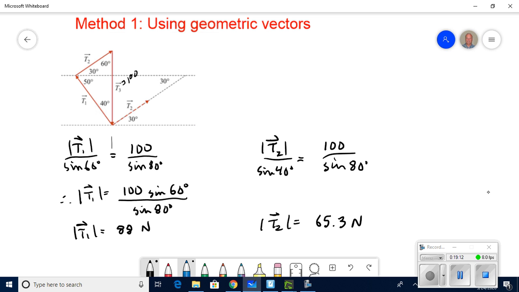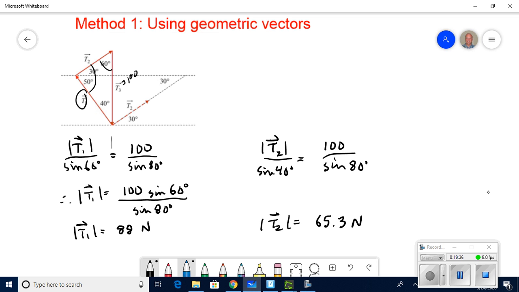I use some basic principles of triangles and parallel lines to get these angles, and I can set up a sine law, actually two sine laws here. First one to solve for T1. That'll be the length of T1 over the sine of 60 is equal to 100 over sine of 80 here, and I work that out, cross multiply, I get T1 to be 88 newtons.